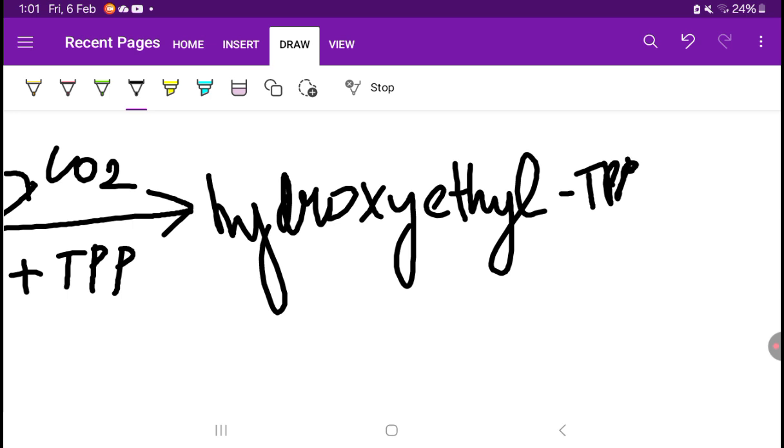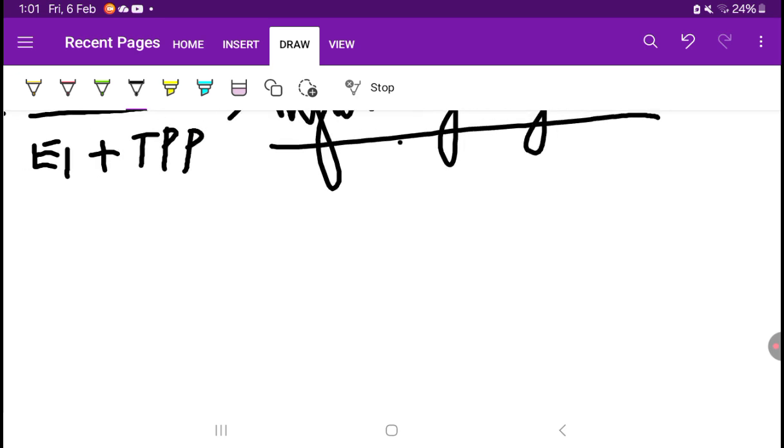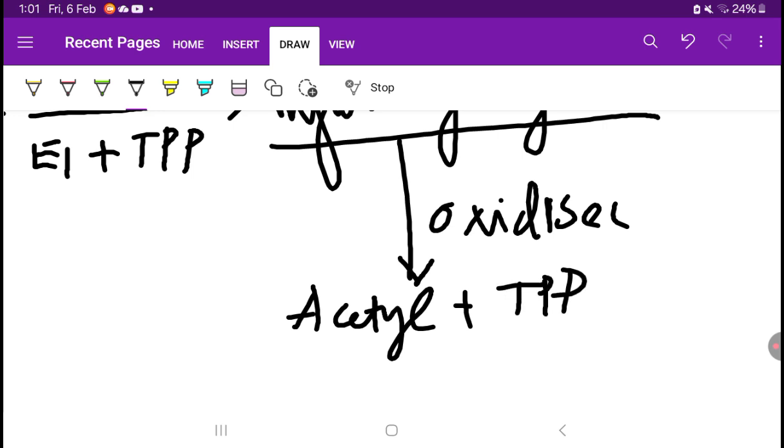And this hydroxyethyl TPP will get oxidized and convert into acetyl and TPP.